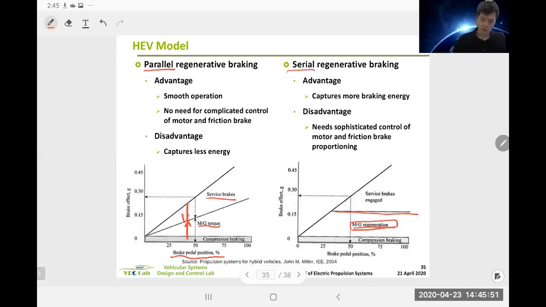But when driver asks for more brake, the rest of the torque or power will be covered by the friction brake. So which one do you think is better in terms of efficiency?